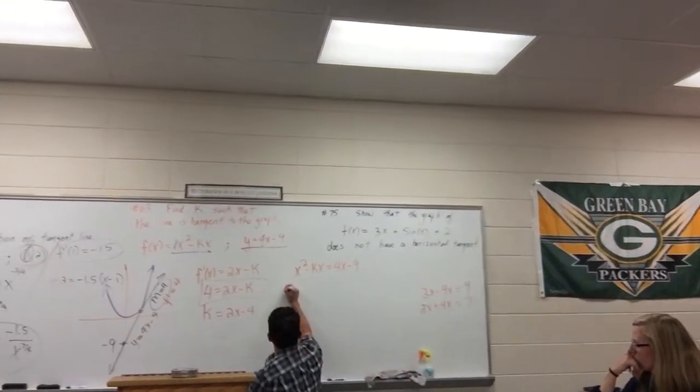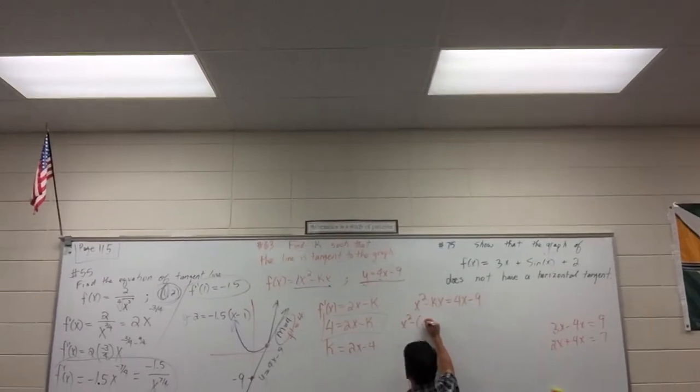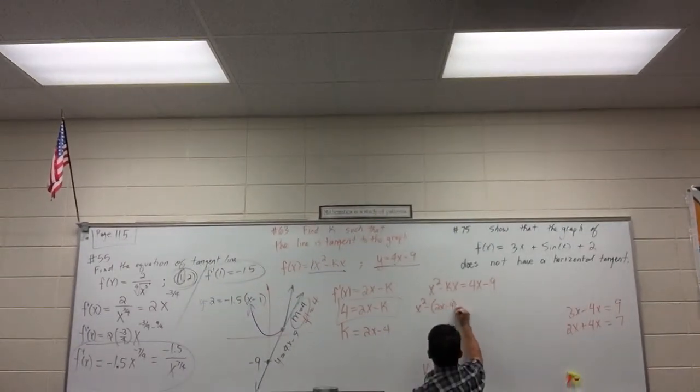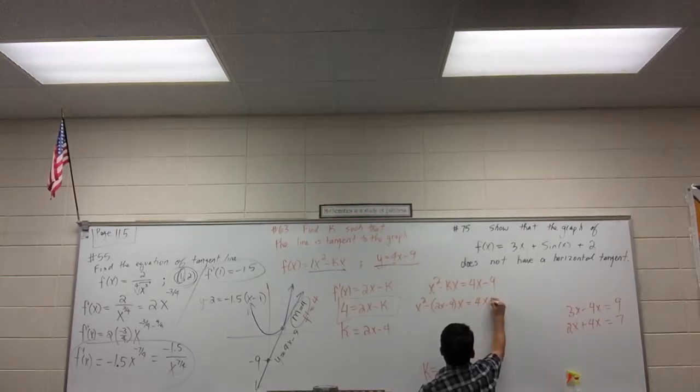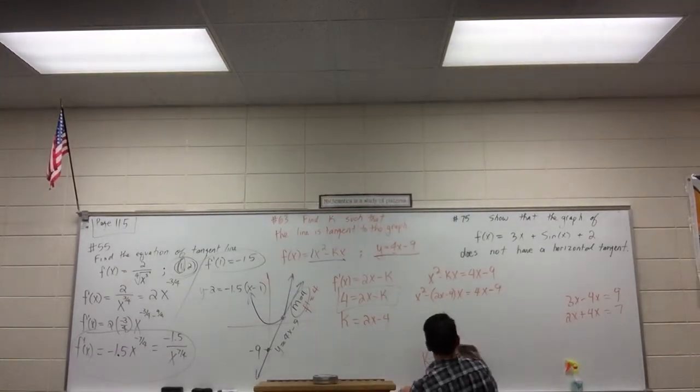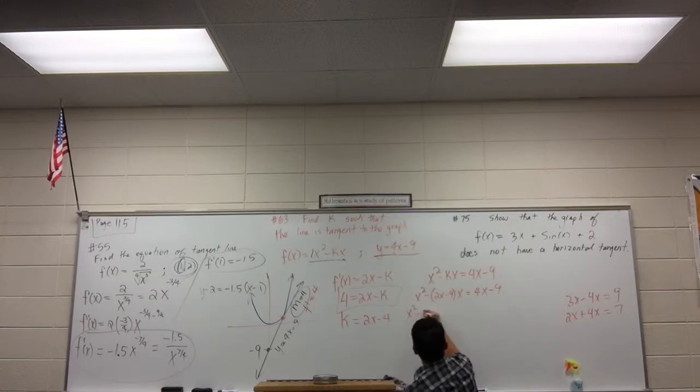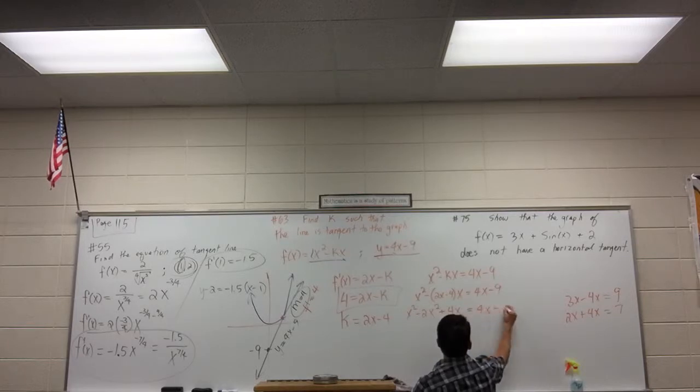So x squared minus (2x minus 4) times x is equal to 4x minus 9. I'm doing a substitution. So what do we get from this? I got x squared minus 2x squared plus 4x equals 4x minus 9.